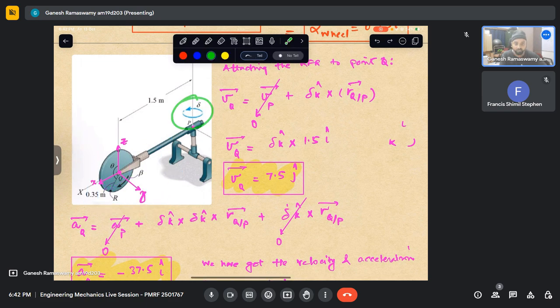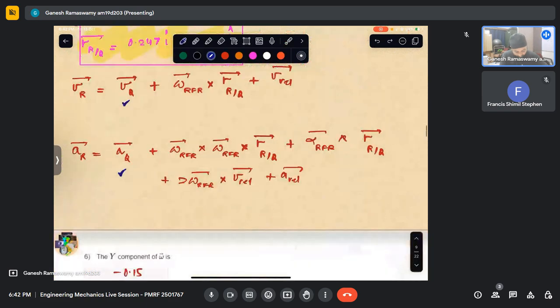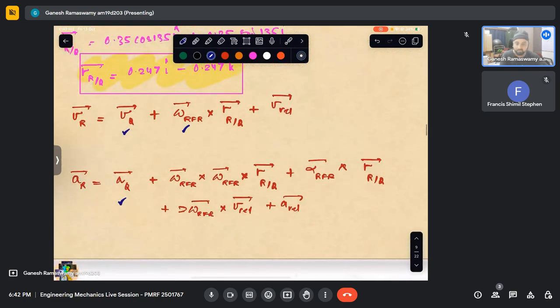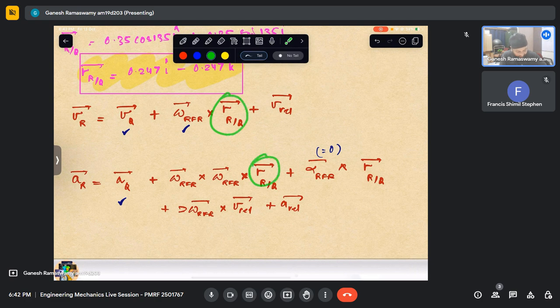So we know what omega RFR is. This is nothing but delta. Alpha RFR will be delta dot, which is 0. We can write these quantities easily. Now what is left for us to find out is VREL and AREL. Once we know those values, we just need to plug it in here and do the algebra and we will get the final quantities. So let us go about doing that.